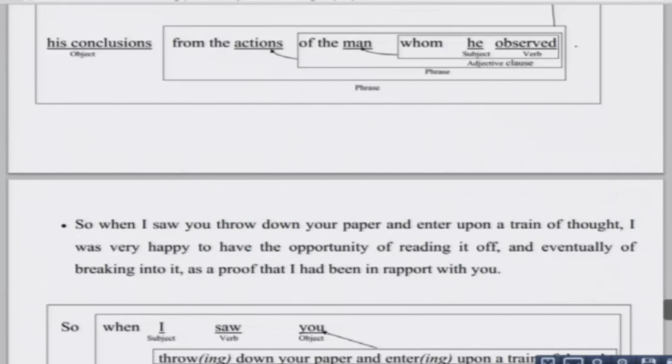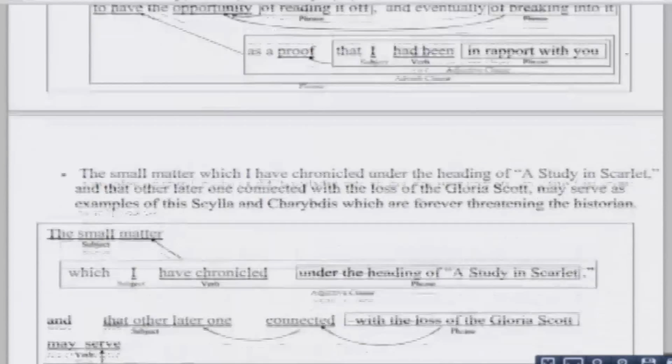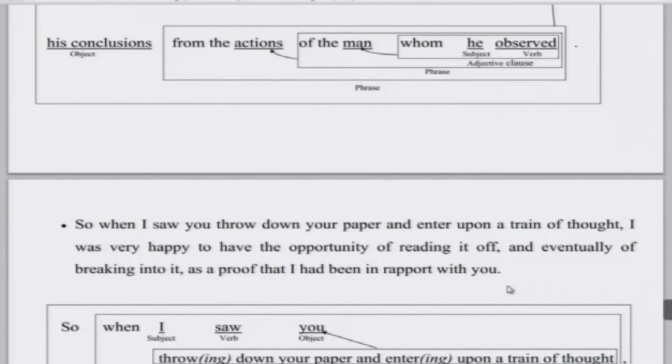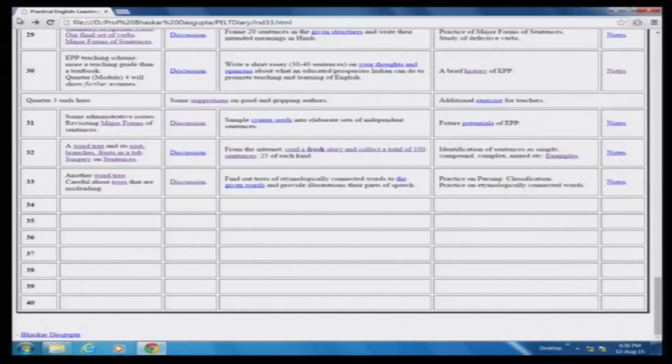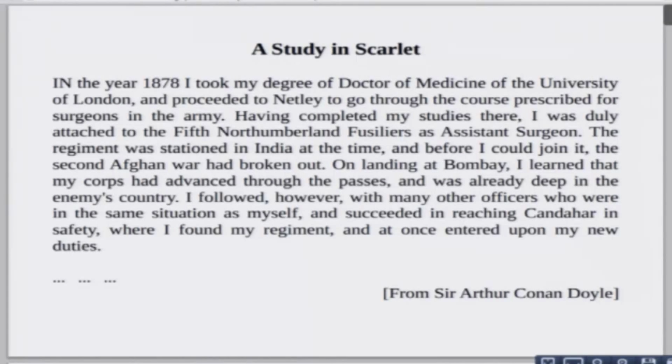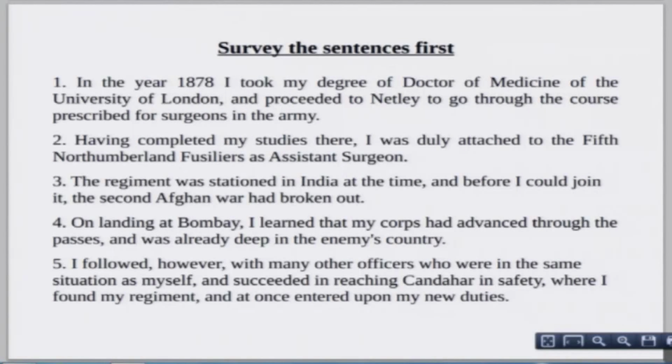Some were simple, some were compound, some were complex. Okay. So, this we have earlier seen. Now, today we will do a little practice in the same line on this, A Study in Scarlet. So, right now we survey the sentences. There are 5 sentences in this paragraph.